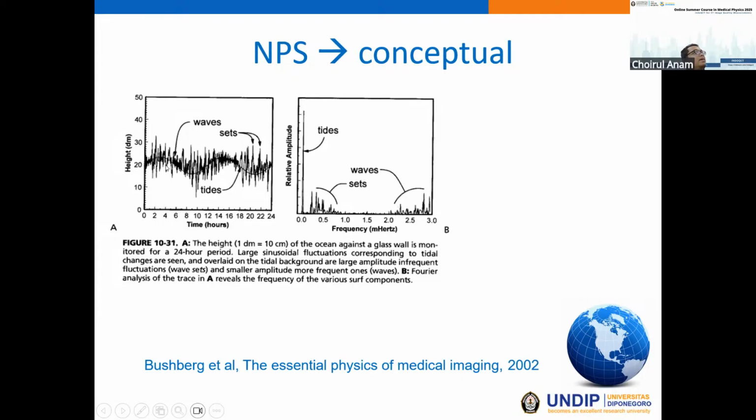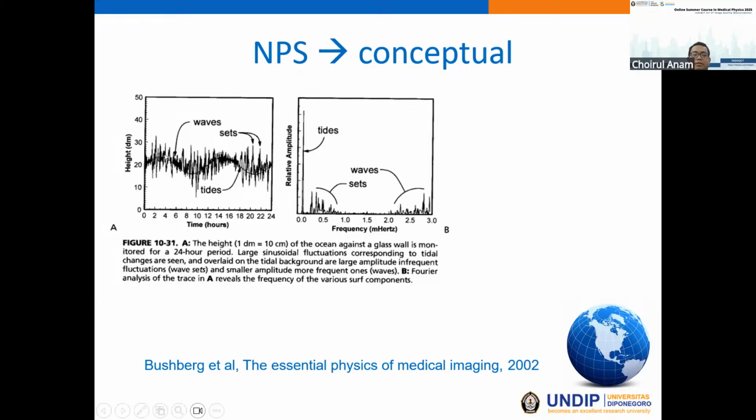With the very low frequency, we have the tides. In Bahasa it is the pasang surut. Maybe in the morning the level of the sea is low, but in the midday the level of the sea is high, with a very low frequency. The frequency may be around 6 hours. This is the tide.